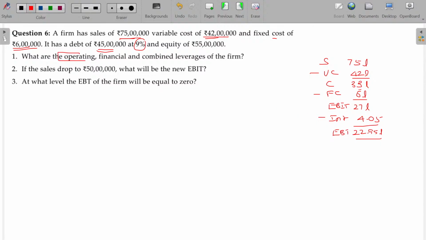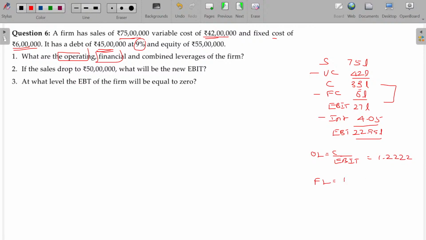What is the operating, financial and combined leverage? Operating leverage is equal to C by EBIT, 33 by 27, 1.2222.